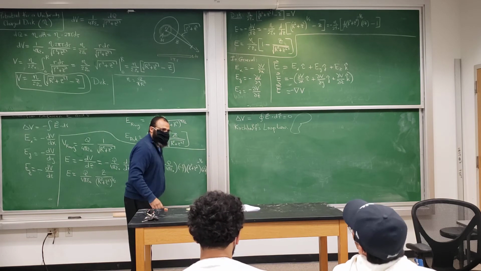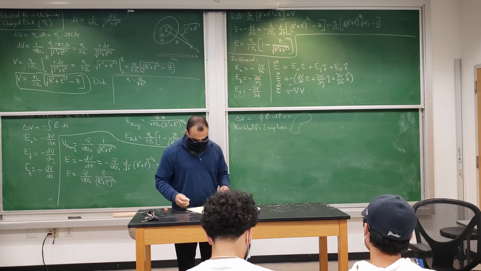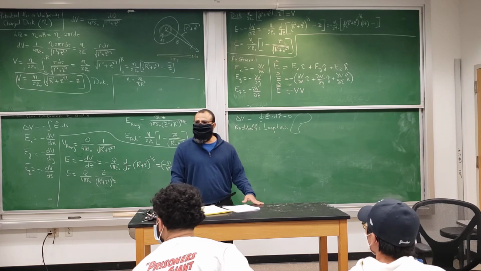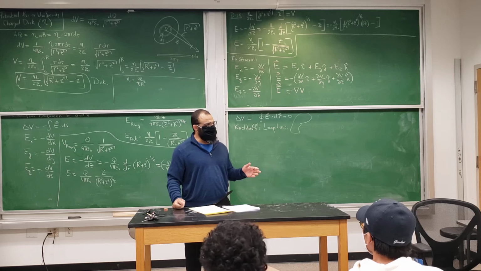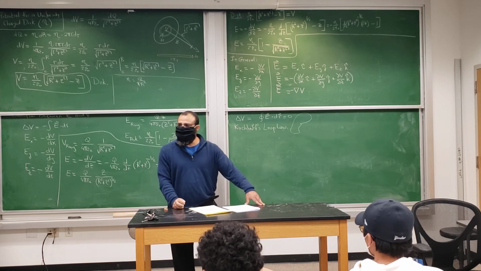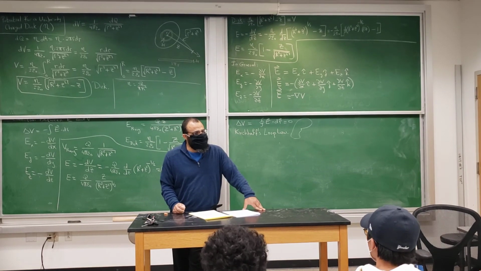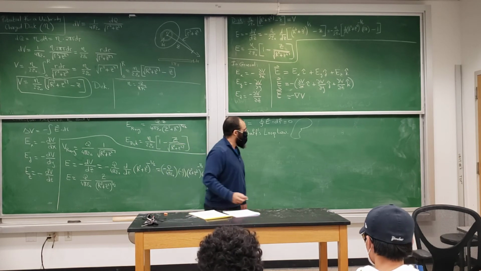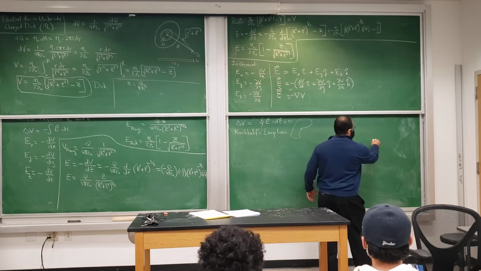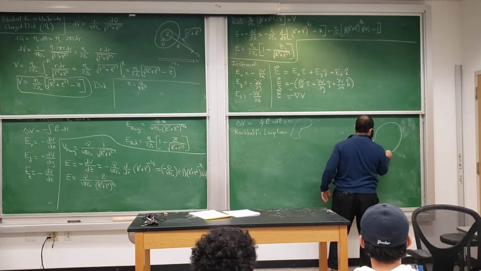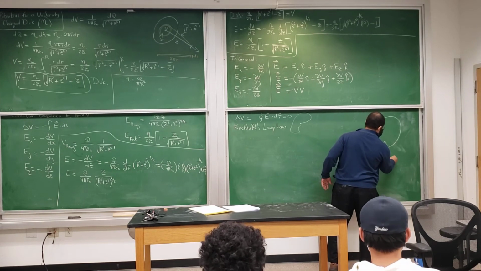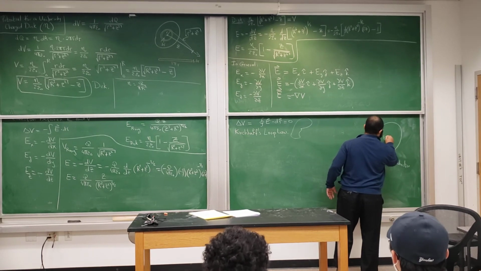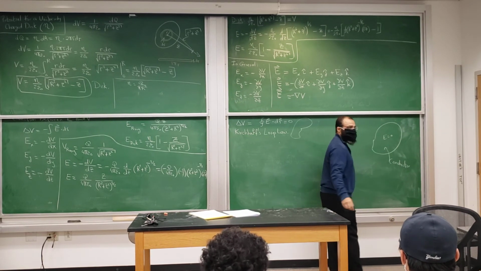So now, conductors, just to quickly mention them. We said for a conductor in electrostatic equilibrium, the electric field inside the conductor is what? Zero. So let's say here is a conductor. The electric field inside is equal to zero, right?